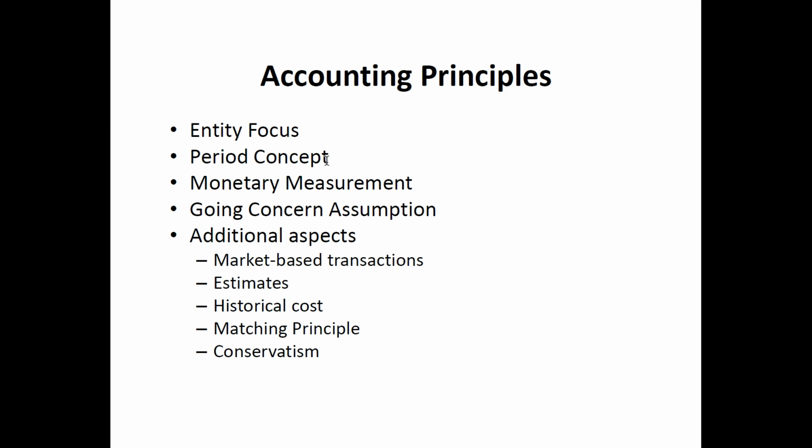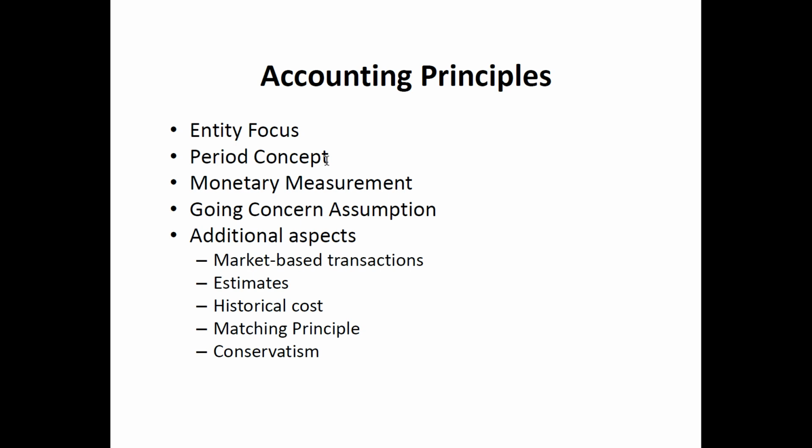Some additional aspects are worth covering somewhat quickly. A huge thing when it comes to recording accounting amounts and transactions is our clear emphasis on market-based transactions. When we're recording things initially in many cases, and this is not really a deep dive into journal entries, we'll cover that later, we do use market-based evidence when we record the initial transaction.